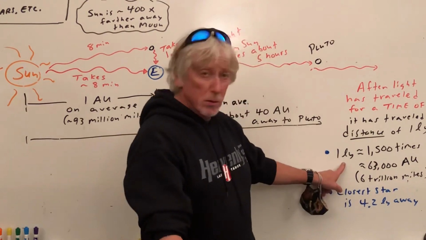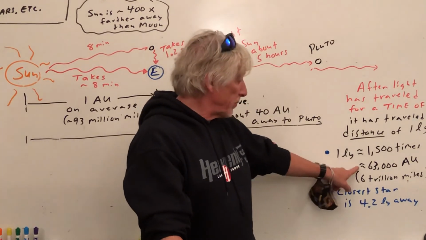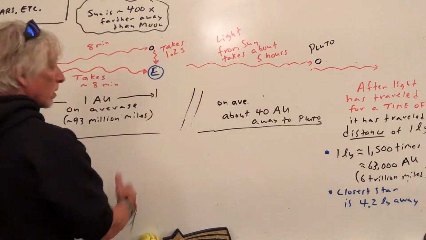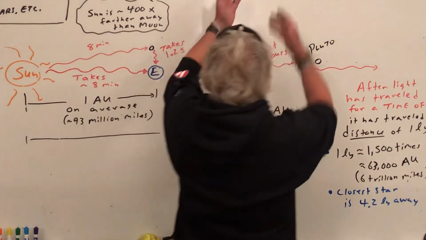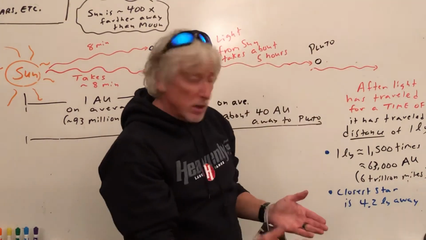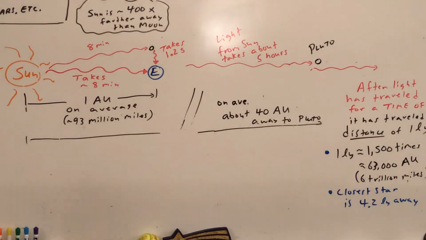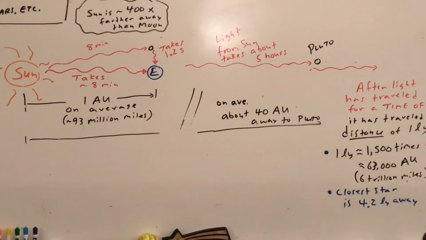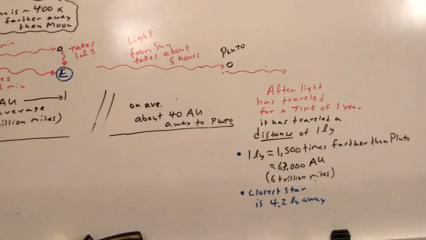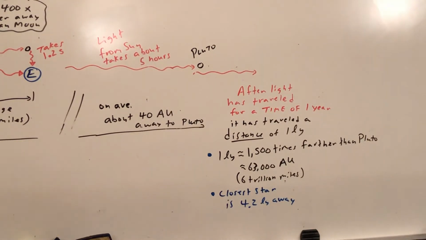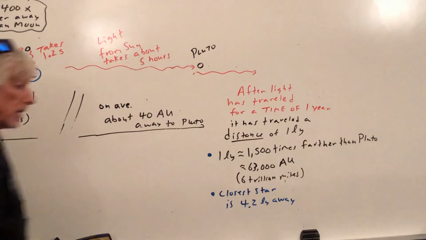I do want people to know that 1 light year is about 63,000 AU. It's a lot farther. And yet we don't even get to the closest star, the closest star being 4.2 light years away. So it's pretty darn crazy.